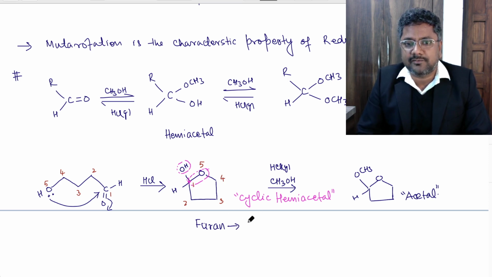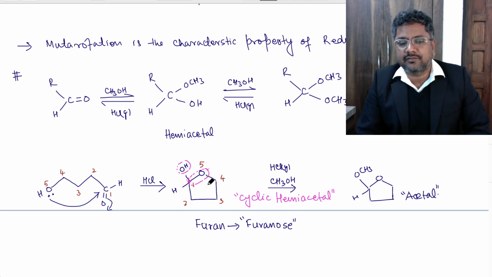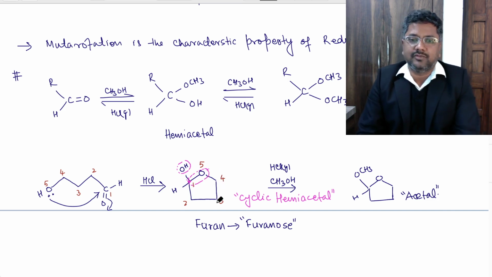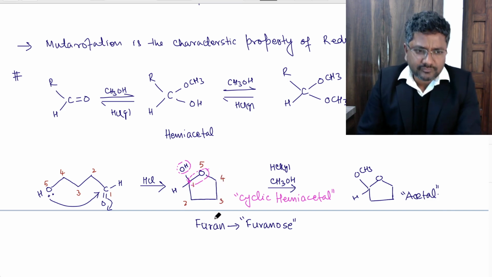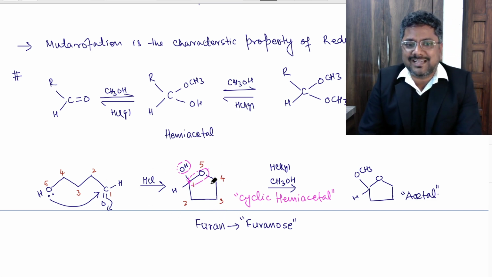So this type of structure you can call a furanose structure, right? This is the skeleton of furan, although it is not furan. Furan should have double bonds, but this bare ring is the type of furan ring, right? So this is the formation of cyclic hemiacetal and acetal.